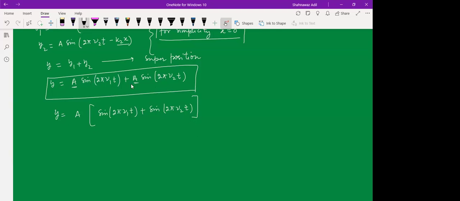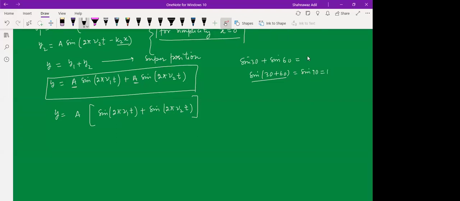So this is not multiplication, right? Can you write sine 30 plus sine 60 as sine of 30 plus 60? Can you write that? No. This is not multiplication. Sine 30 plus 60 is sine 90.